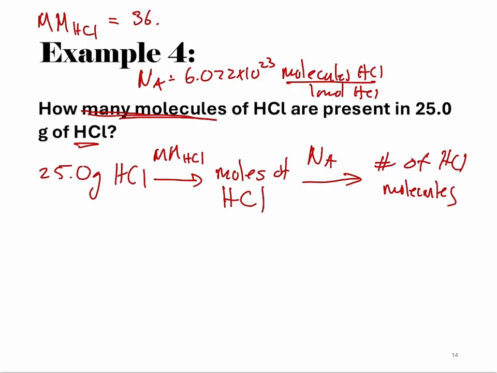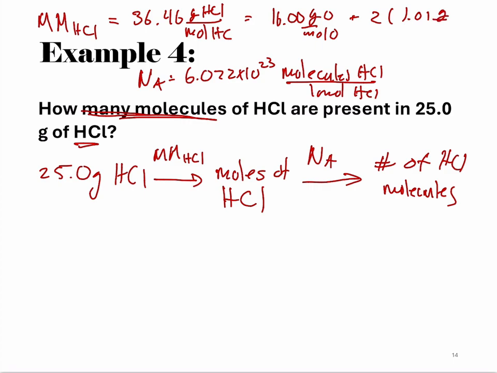It was 36 point what? 46 grams hydrochloric acid per mole HCl, and that's equal to 16.00 grams per mole oxygen plus 2 times 1.01 gram per mole hydrogen, right? We just took the sum.